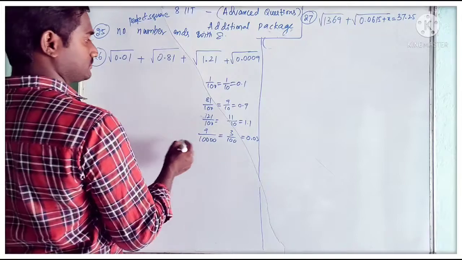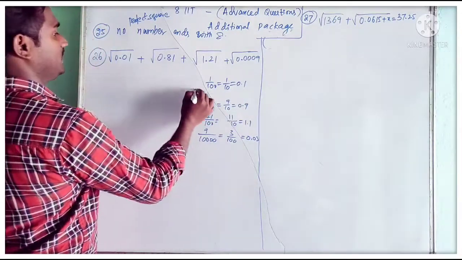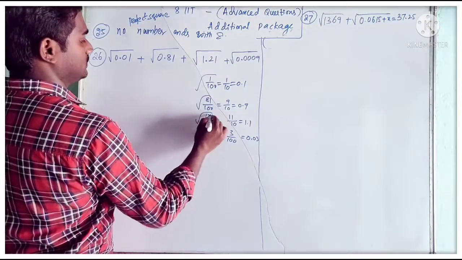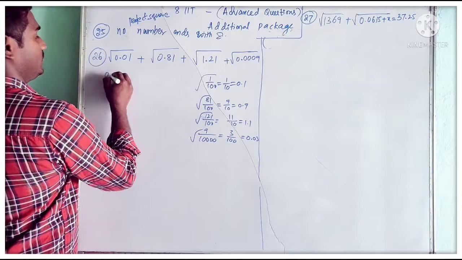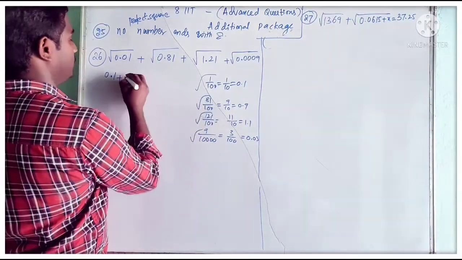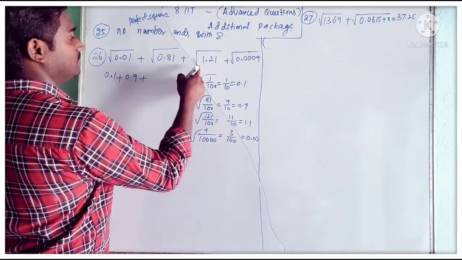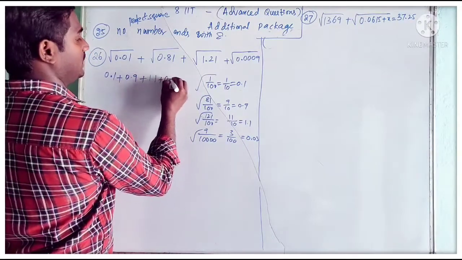Next. Square root of 0.01 is 1 by 10, which is equal to 0.1. So 0.1 plus square root of 0.81 is 0.9 plus square root of 1.21 is 1.1 plus 0.03.